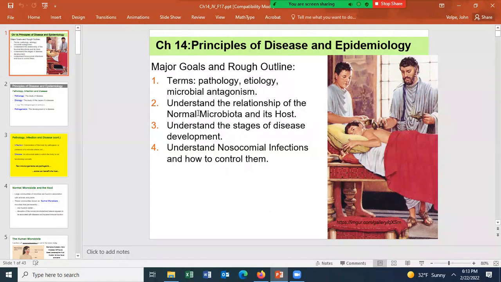Understand the relationship between the normal microbiota and its host. Understand the different stages of disease development, and understand about nosocomial infections and how to control them. Let me mention that if you guys are going into the healthcare field, you should learn about nosocomial infections and how to prevent them, because this is a serious disease.